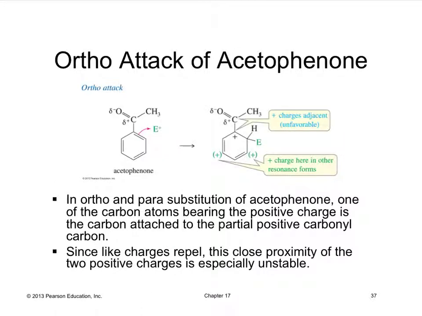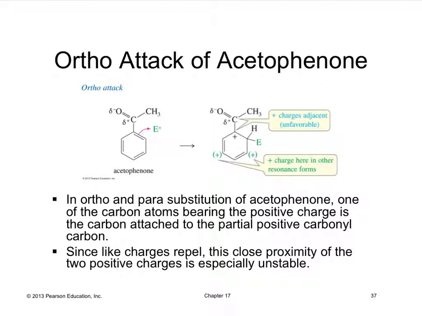If we look at ortho attack of acetophenone, so here's acetophenone, attack on the ortho position. Now here are your charges, right? So this is a partially positive charge. Here's a positive charge. This is unfavorable. And then through resonance, you're going to have the other positive charge moving around.